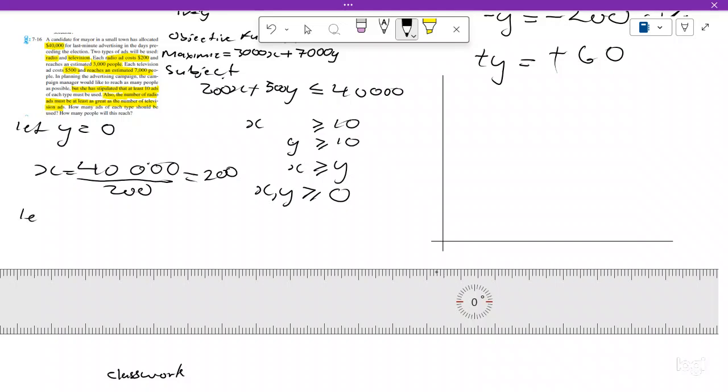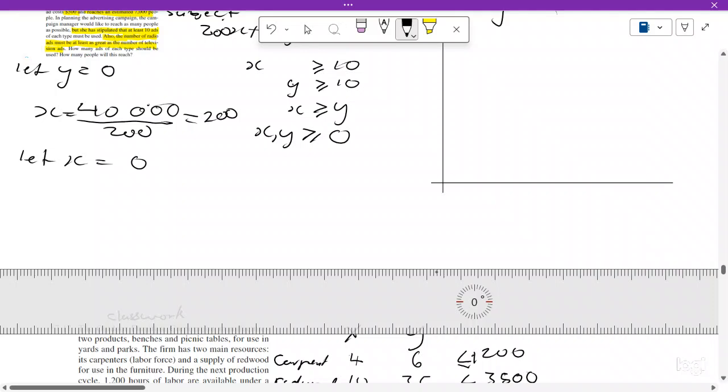Then let x equal 0. Now we are looking for y. So y is equal to 40,000 over 500. What's your answer? 80?